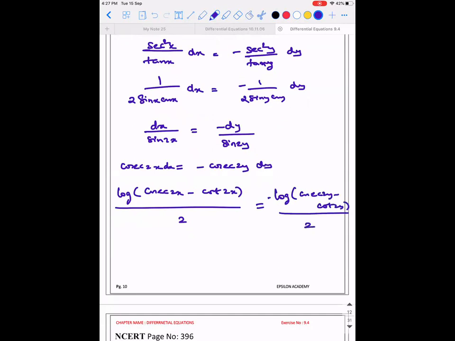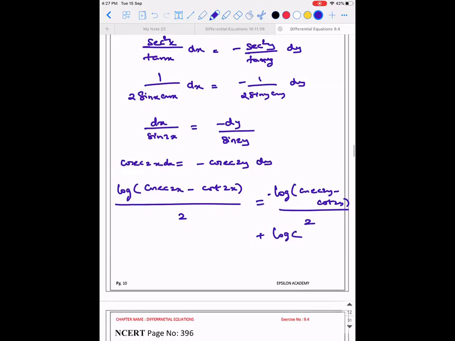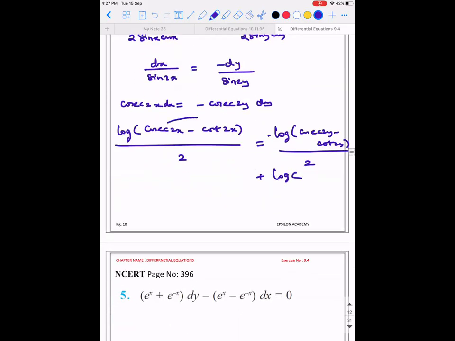So since you are getting log, what can we think of? You can take the constant also as log c. When you do this, cosecant 2x minus cot 2x, when you try to take LCM and solve, what is it you are going to get? Can you solve and tell me?